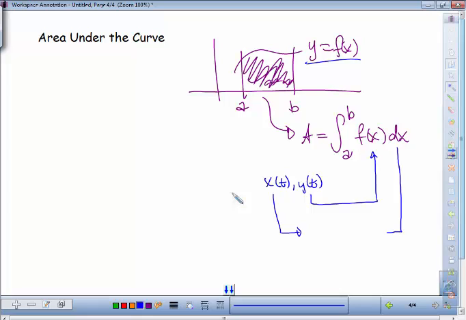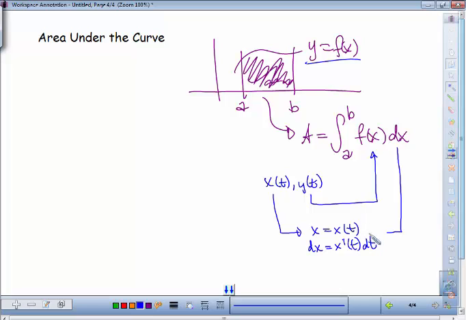How am I going to find the dx out of that? So if I write it like this, x is equal to x of t, I could take what's called a differential and say dx is equal to x prime of t dt.